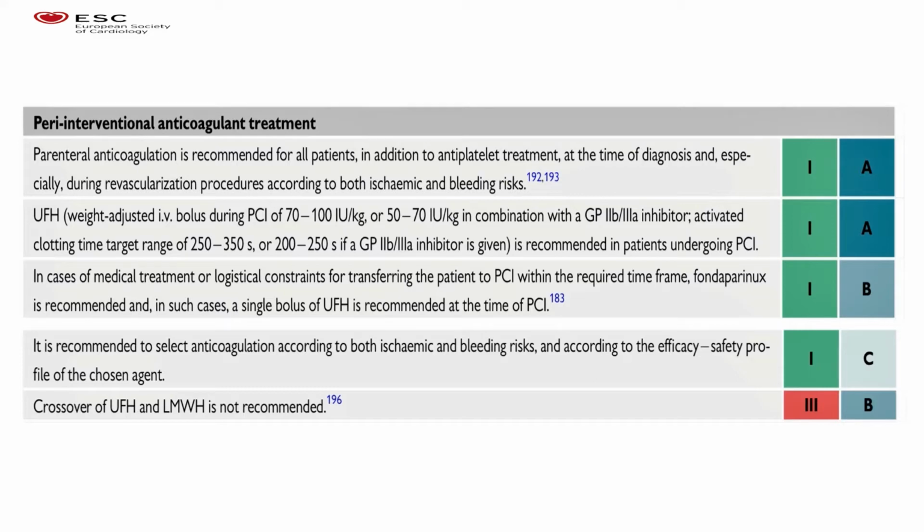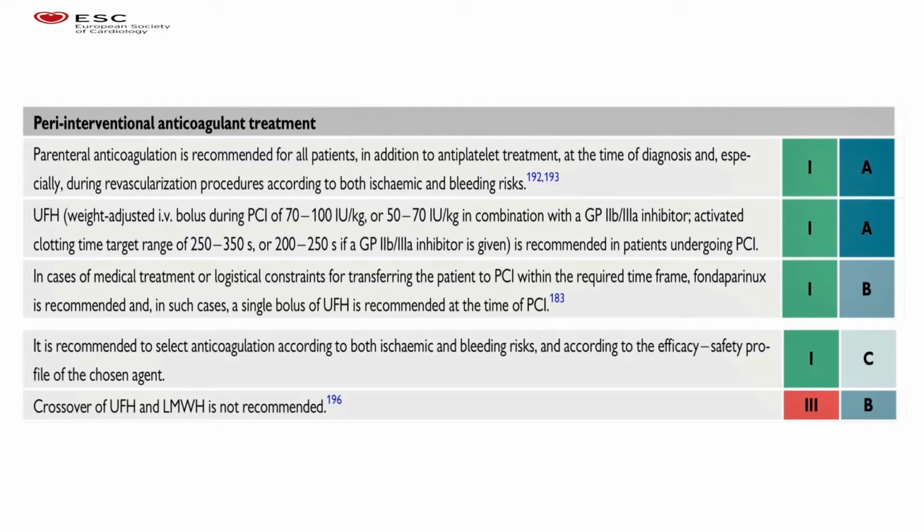Class 1 Level A. Unfractionated heparin, weight-adjusted intravenous bolus, during PCI of 70 to 100 IU/kg, or 50 to 70 IU/kg, in combination with a glycoprotein 2B/3A inhibitor, activated clotting time target range of 250 to 350 s, or 200 to 250 seconds if a glycoprotein 2B/3A inhibitor is given, is recommended in patients undergoing PCI.